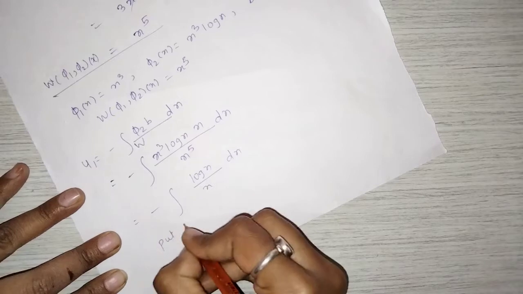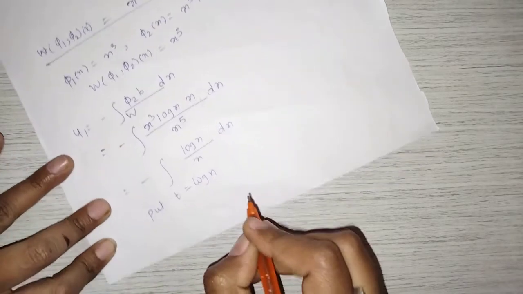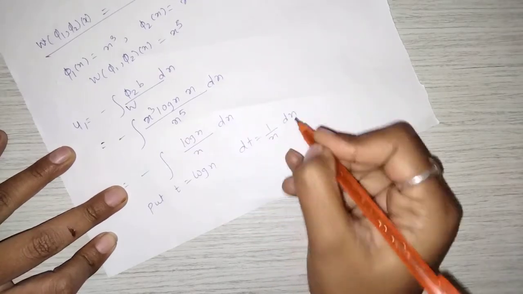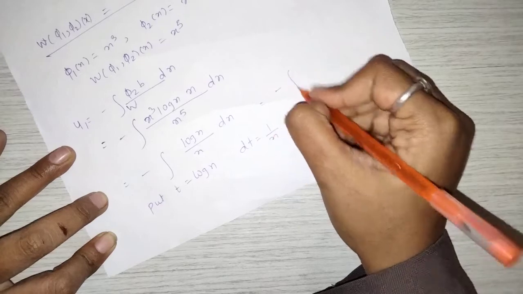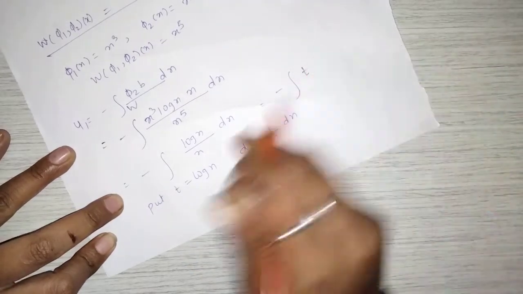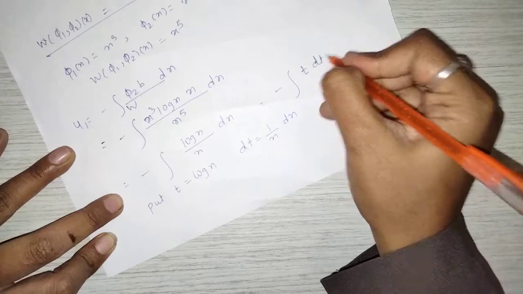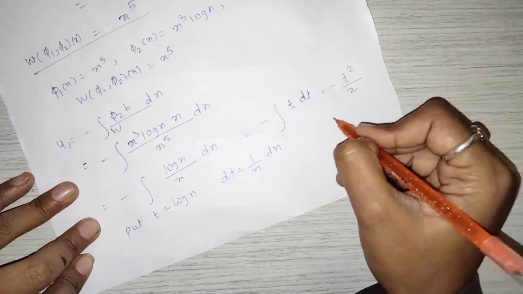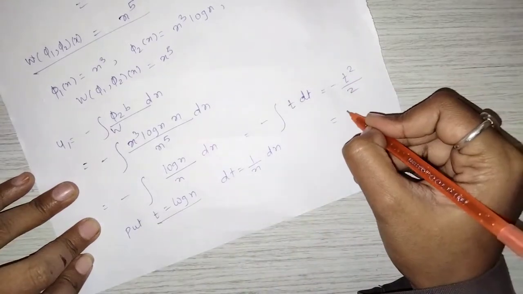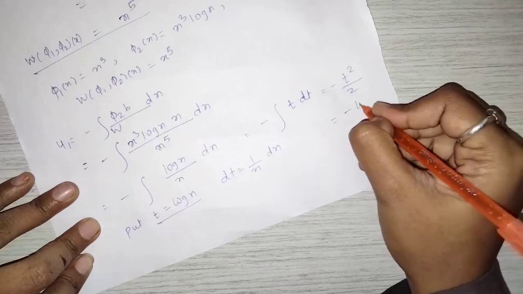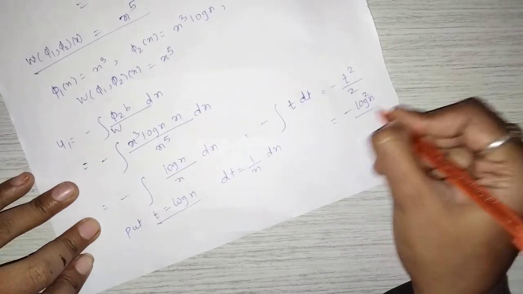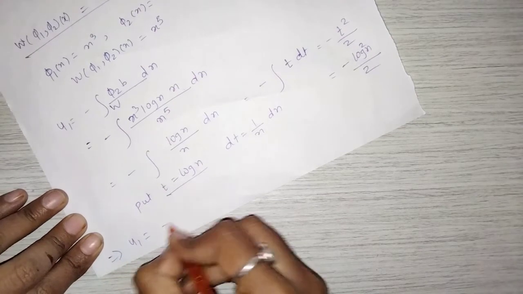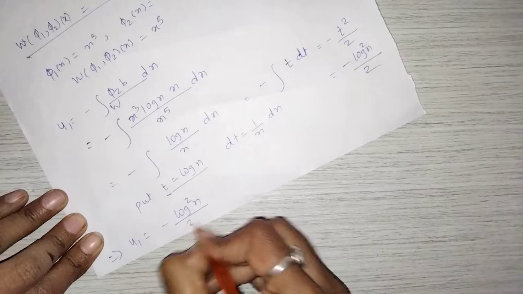Now put t equal to log x to find this integration; we get dt equal to 1 upon x dx. So this becomes minus integration t dt, which is minus t square upon 2, and t is log x. So putting the value of t, minus log square x upon 2. So we get u1 equal to minus log square x upon 2.